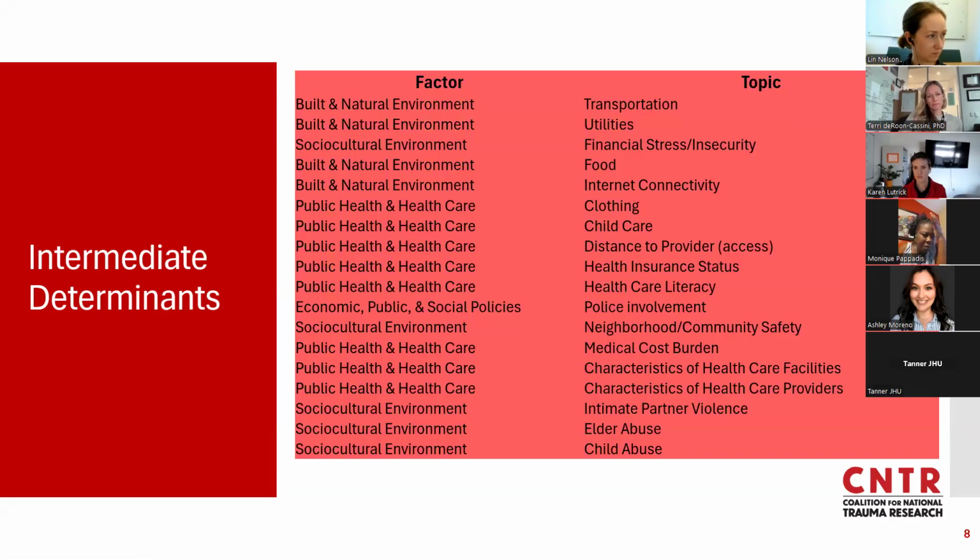Intermediate determinants, see there on the right-hand side: transportation, clothing, childcare, and a little bit more specifics when it comes to health insurance and healthcare literacy. These topics have been reviewed by Smitty. We've tried to bucket them in the best way that we could in the grand scheme of things.